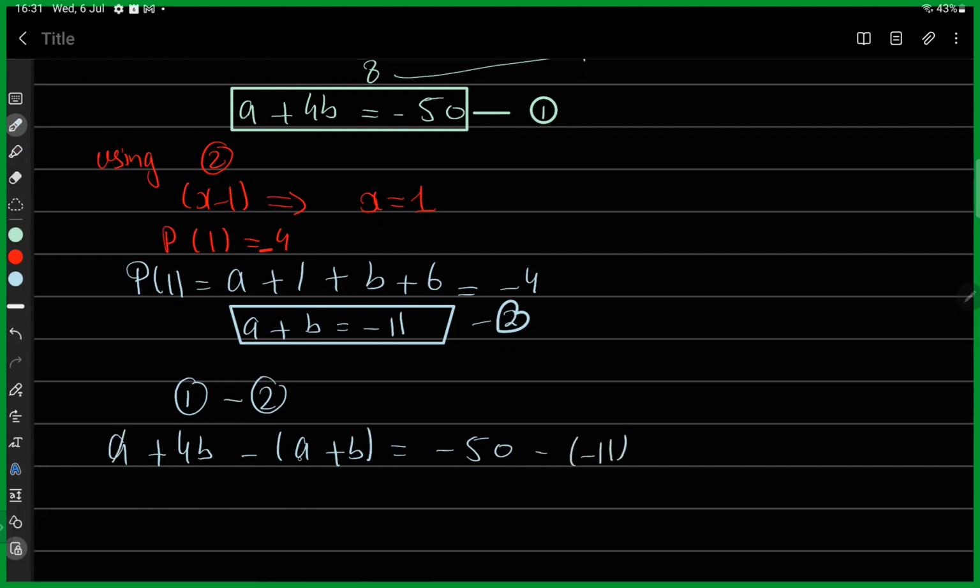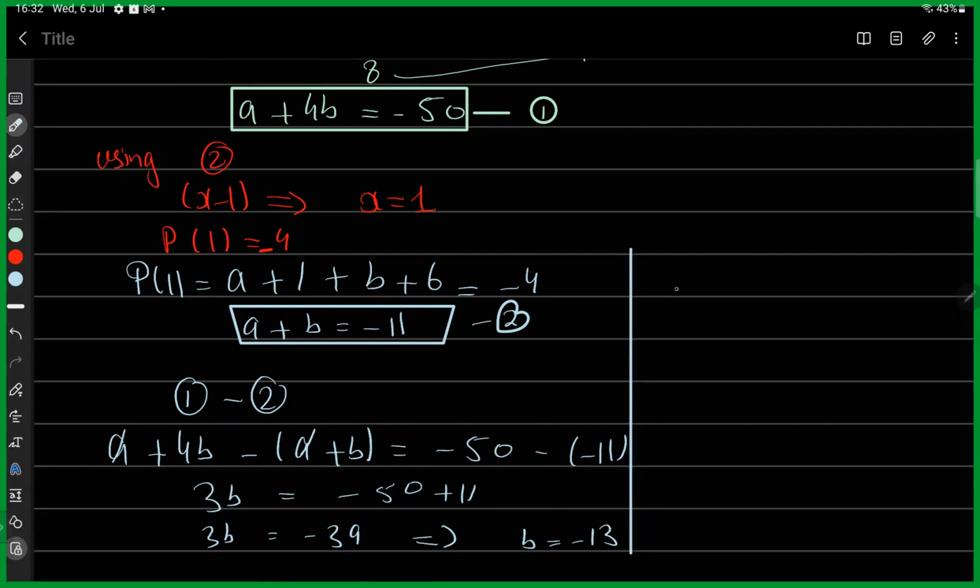So a and a would be cancelled, and it would give you 3b equals minus 50 plus 11, and 3b equals minus 39. So this would give you b equals minus 13.